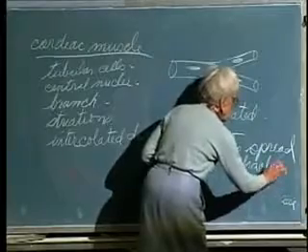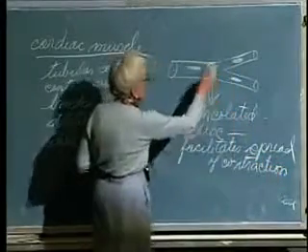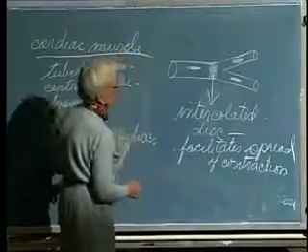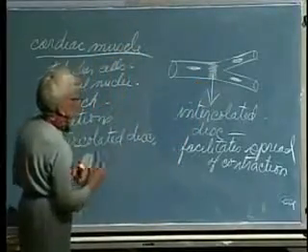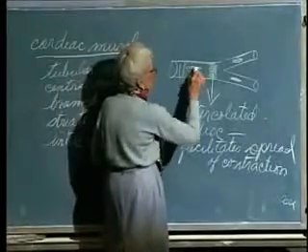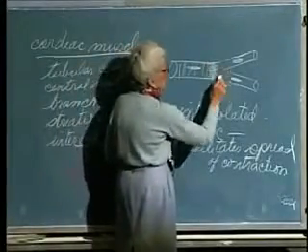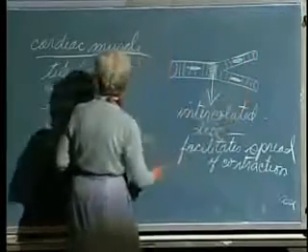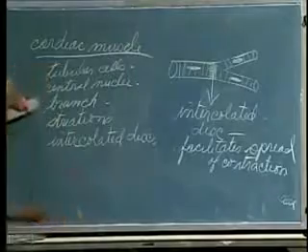So it's a modified junction between cells, much more efficient than between other cells. The minute you see intercalated discs, you know you have cardiac muscle. Then we have our striations. So that gives us our basic characteristics.